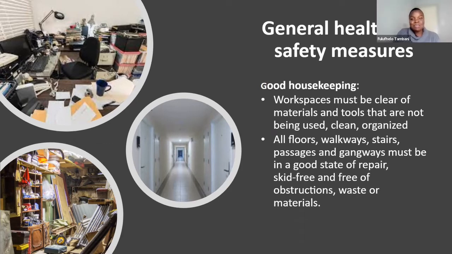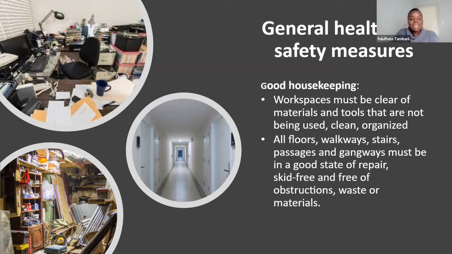So to continue, let's get on to the general health and safety measures that you need to have in place. The first one is just good housekeeping. You need to keep your workspaces clear of clutter, of materials, of tools that you're not using.